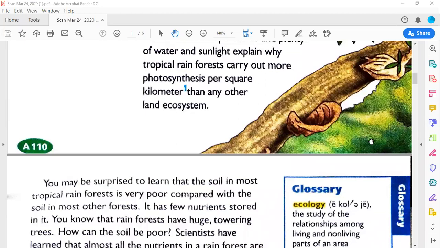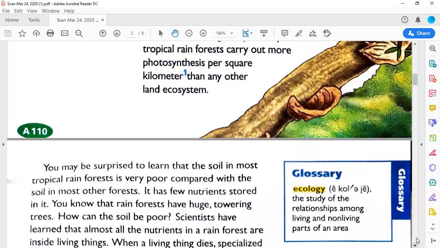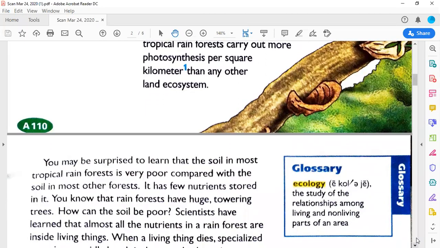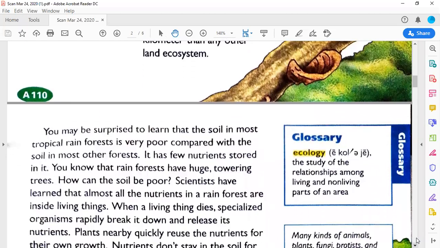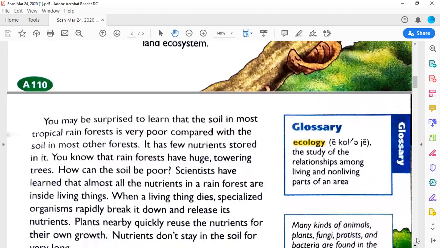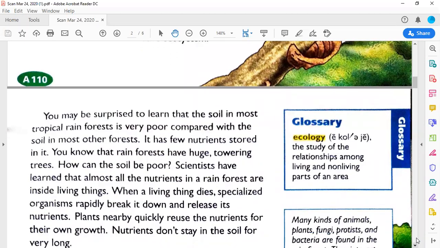How can the soil be poor? Scientists have learned that almost all the nutrients in rainforests are inside living things. When a living thing dies, especially in organisms rapidly break it down and release its nutrients.